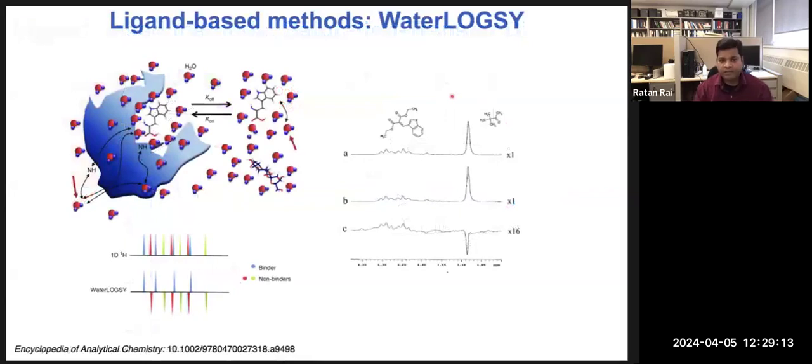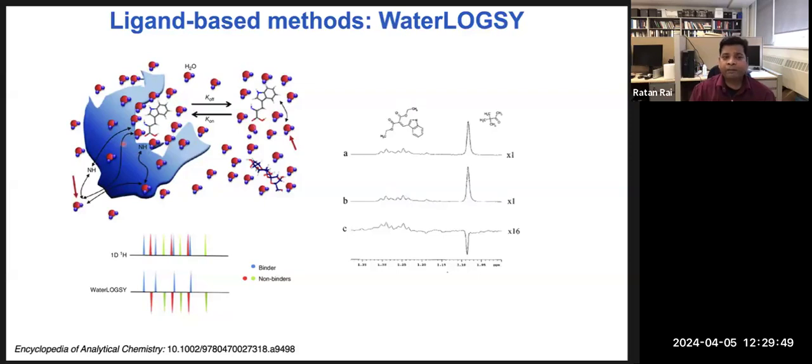Another popular experiment is called WaterLOGSY. It is one of the popular experiments people use for different drug screening. The WaterLOGSY experiment works on the transfer of water molecules to the drug, and this transfer can happen through different mechanisms. It can happen that our water molecule is directly transferred to our drug, or suppose there is a binding pocket and the drug is binding in that binding pocket.